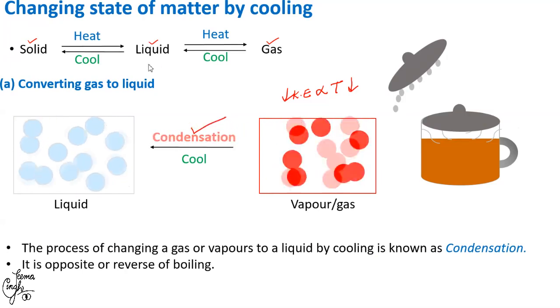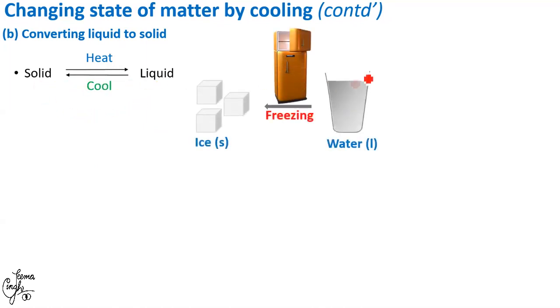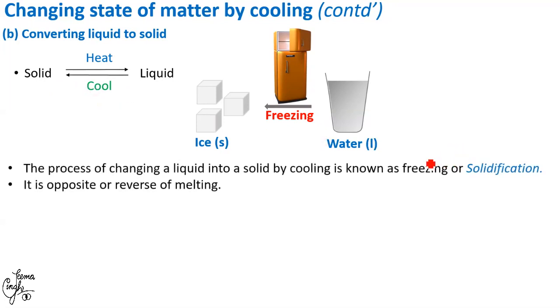Moving on to the next part, converting a liquid into a solid. When we freeze liquid water by keeping it in freezer, it changes to solid ice. This process of changing a liquid into a solid by cooling is known as freezing or solidification. It is the exact opposite or reverse of melting. Now what happens when the temperature of a liquid is lowered?